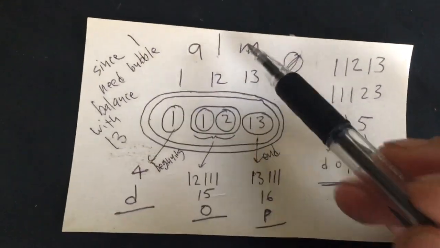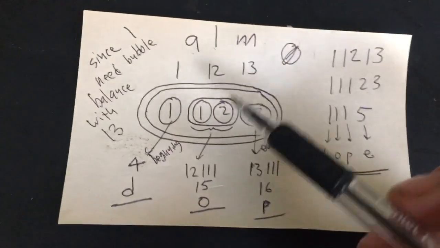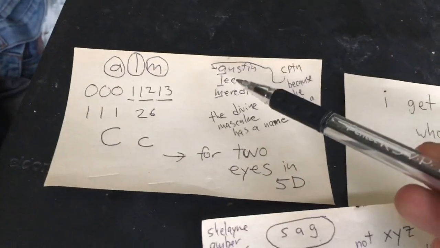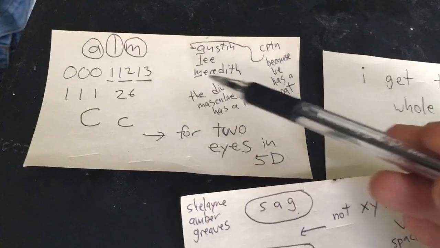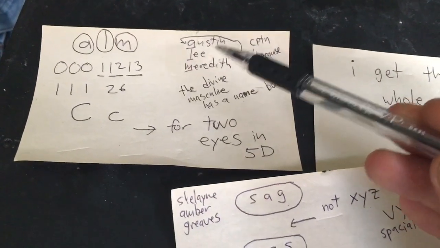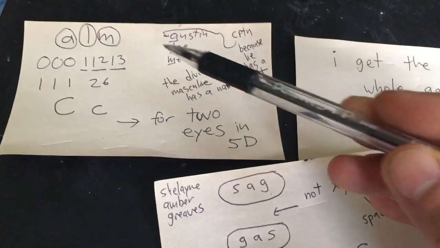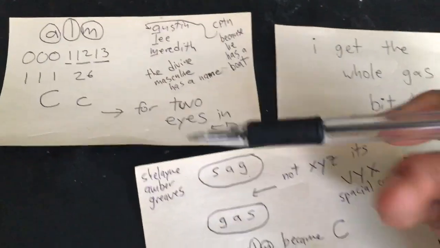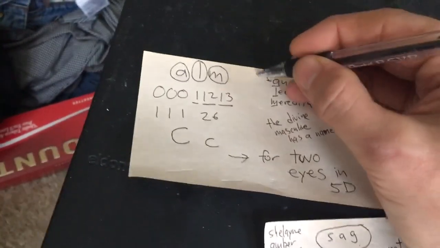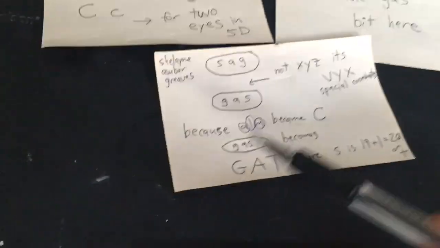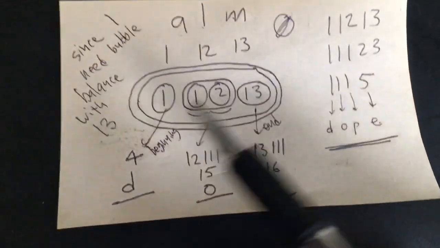So if we take ALM, which is an acronym for Austin Lee Meredith, it's from bigger entities, 1, 2, 3, 4, 5, 6. It's a 6, 3, 8: 6, 3, 8 letters.